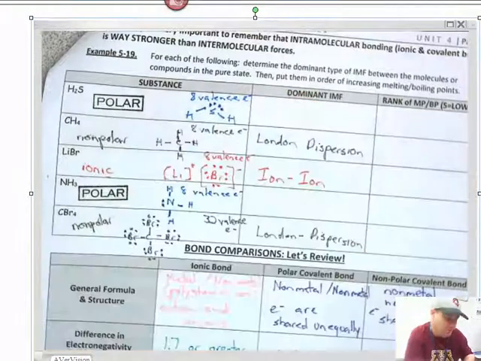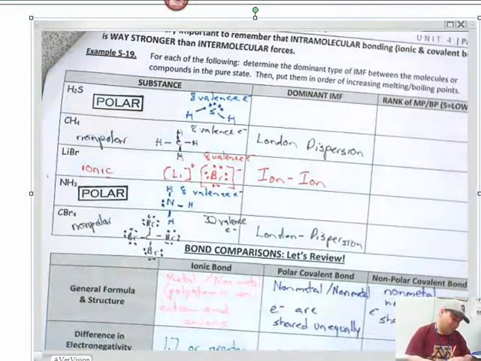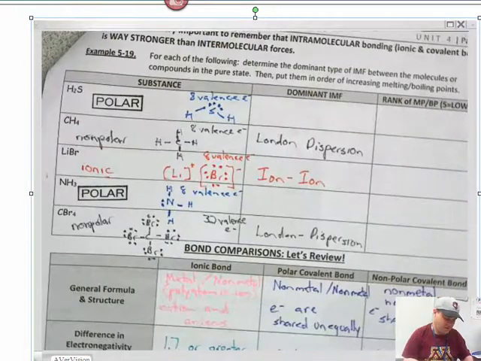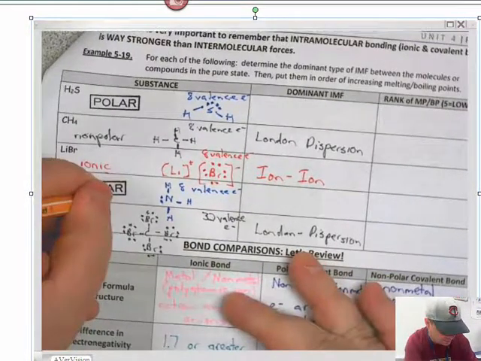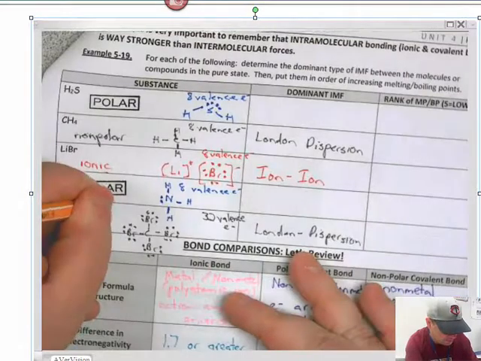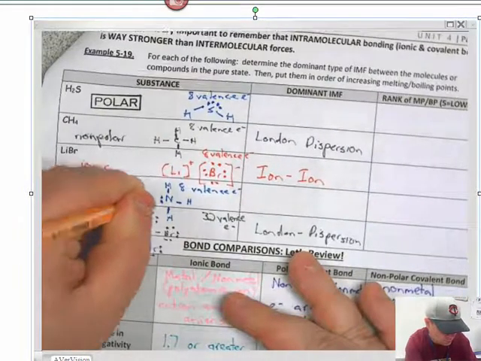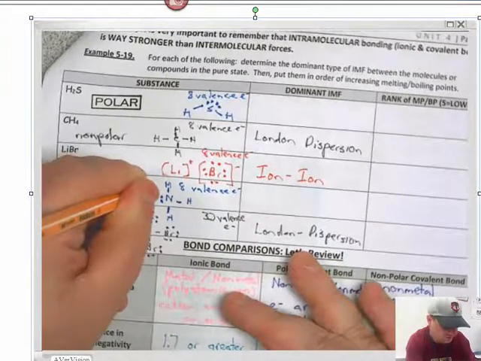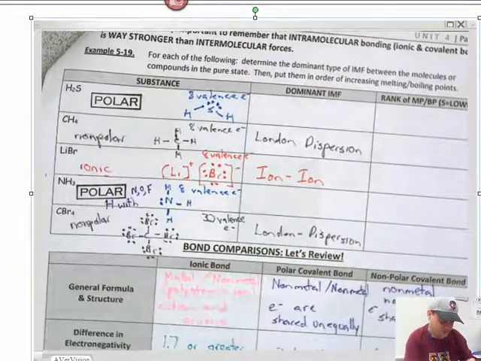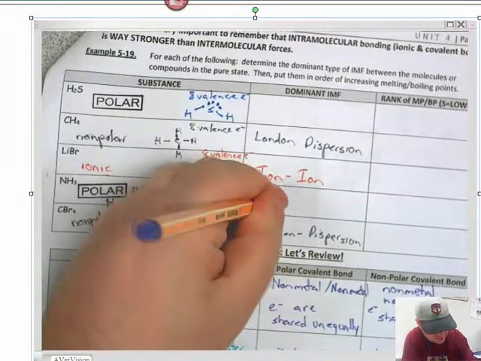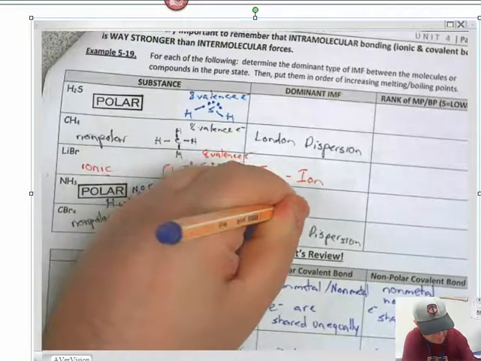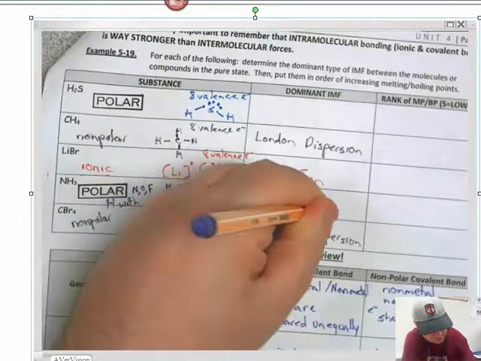Okay. Now remember, when it's polar, we have choices here. If we are doing hydrogen bonding here, it has to be polar, and it has to be H with N, O, or F directly bonded to it. So this one right here is hydrogen bonding.